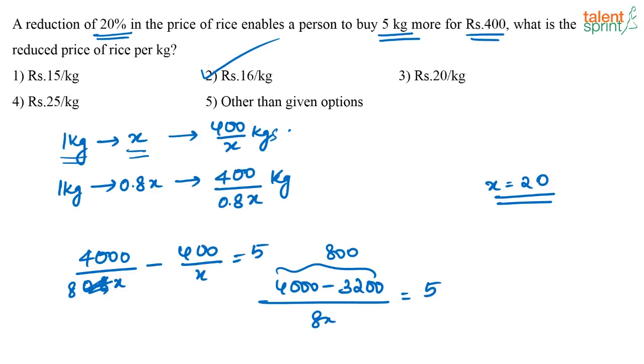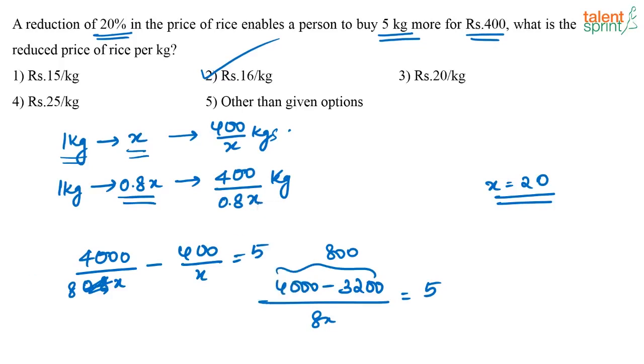The price of this 1 kg of rice is reducing by 20%. So the current price of rice is nothing but 0.8x. So if this is the current price of 1 kg of rice, how many kgs can I buy with 400 rupees? I can buy 400 divided by 0.8x.